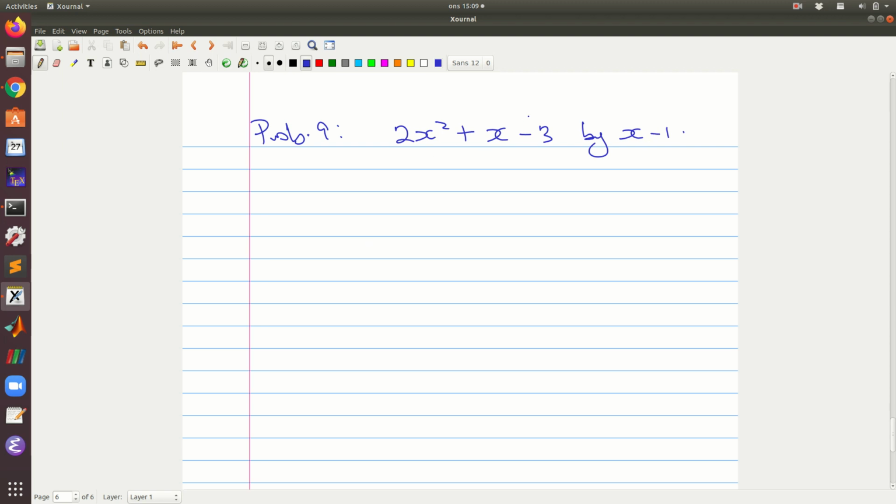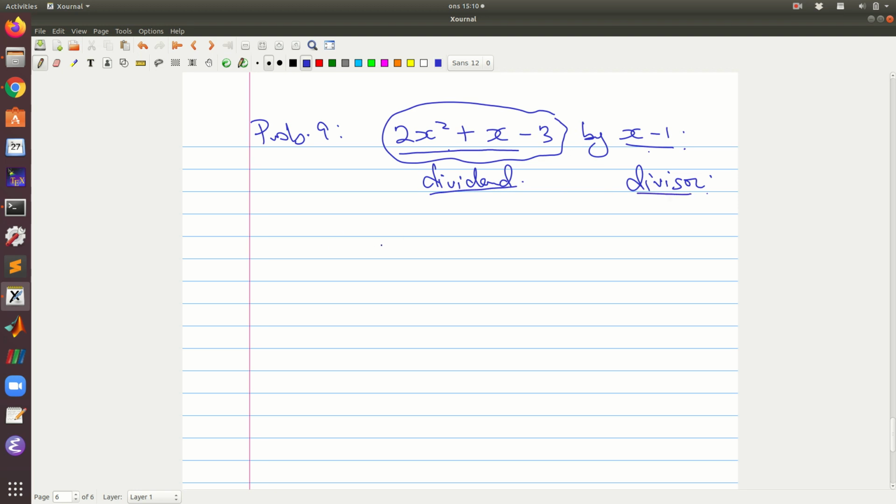The one which we want to divide, we call the dividend, and the one which we want to divide it by, we call the divisor. So we want to divide the dividend by the divisor.